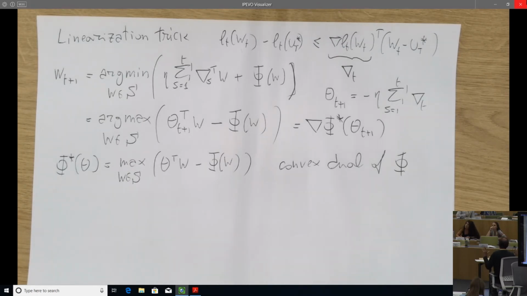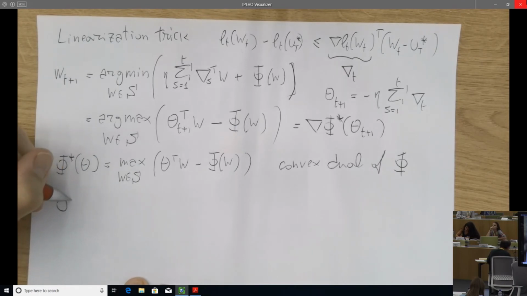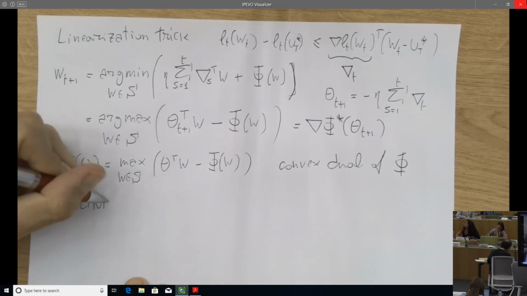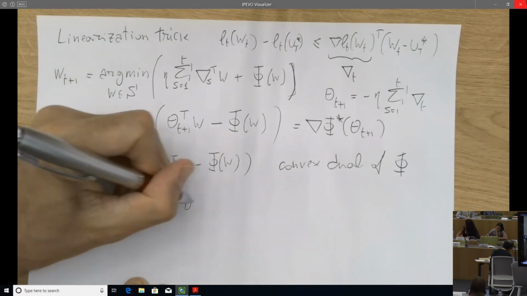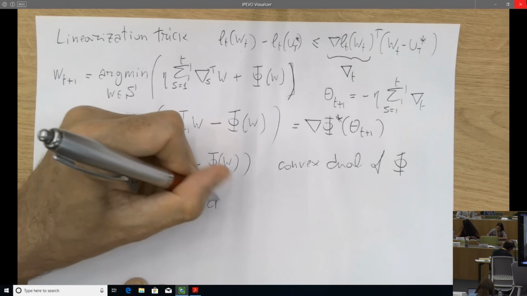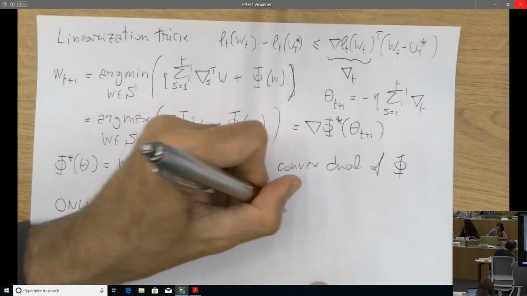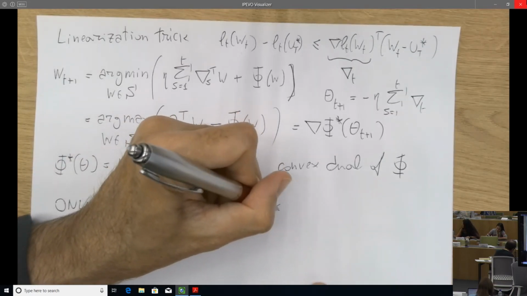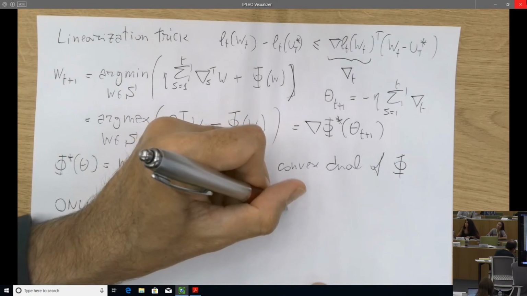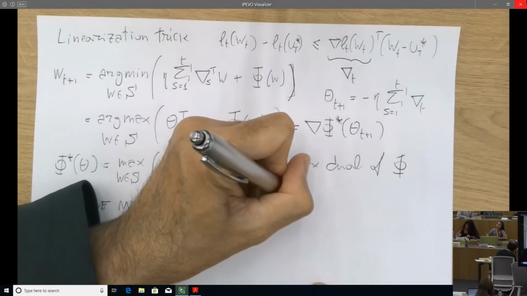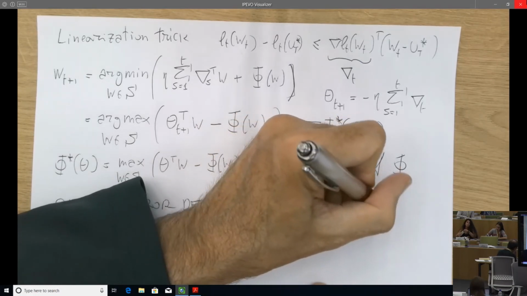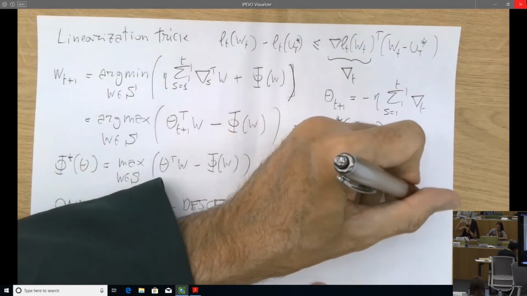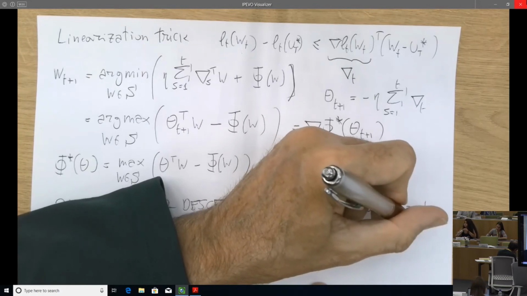Now, is this an algorithm? Yes, it is an algorithm. The algorithm is called online mirror descent, also known as follow the regularized linearized losses.